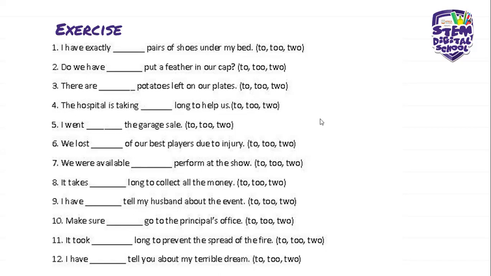Can I please make an example? Yes, you can. There are too many potatoes left on our plate. Which one is that? Is it the one with the 2 O's, the 1 O, or the W? The TWO. Yes, that is correct.